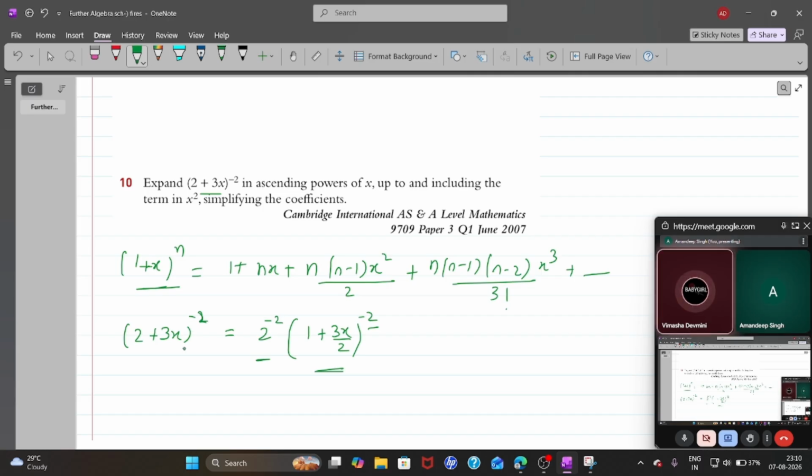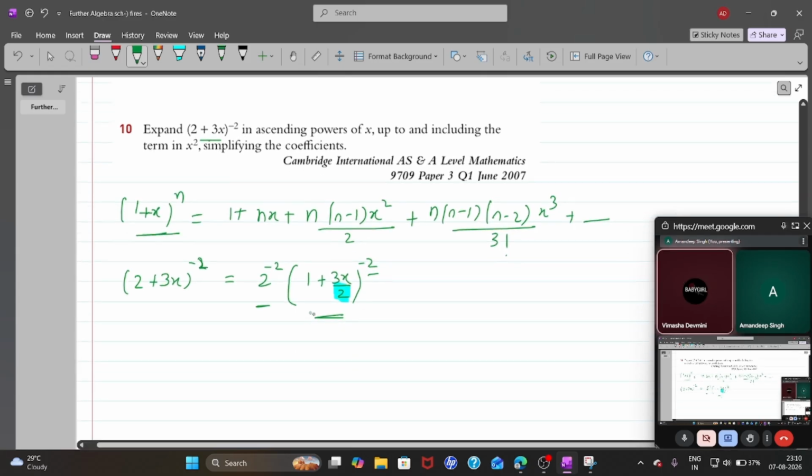So why are we taking it in the first one? Because we have to take 2 outside the bracket. Because it was whole to the power minus 2, that's why I can't write 2 to the power 1 outside the bracket. Yeah, maybe the problematic thing is this one. Did you understand why I wrote 2 in the denominator?